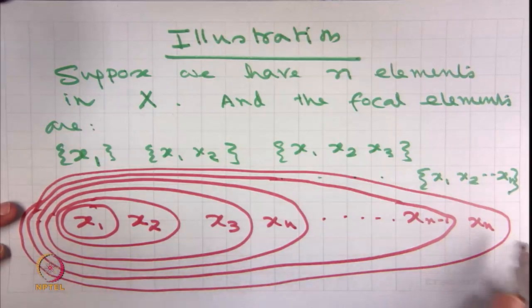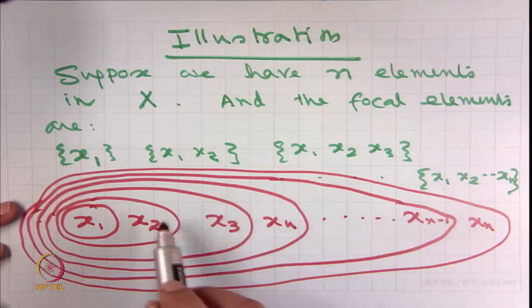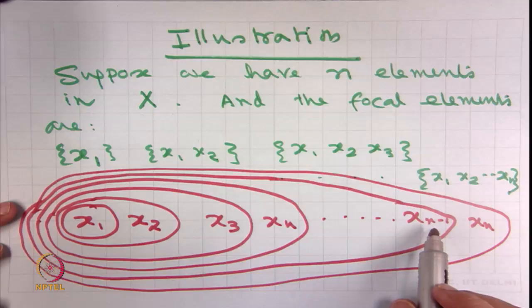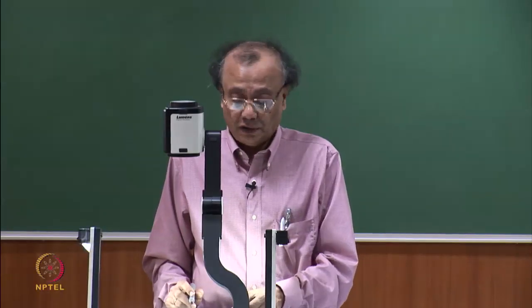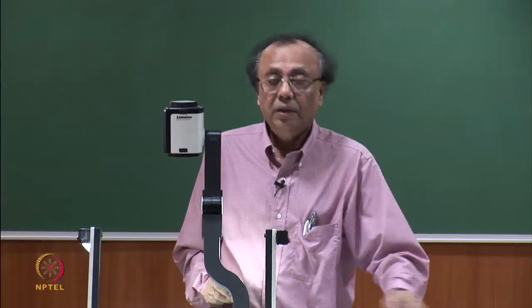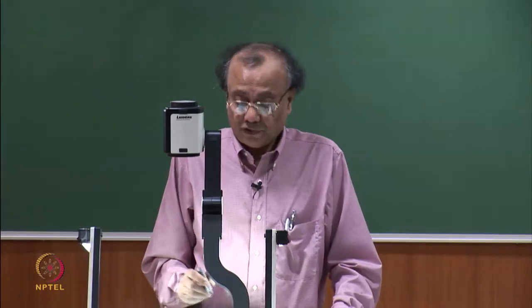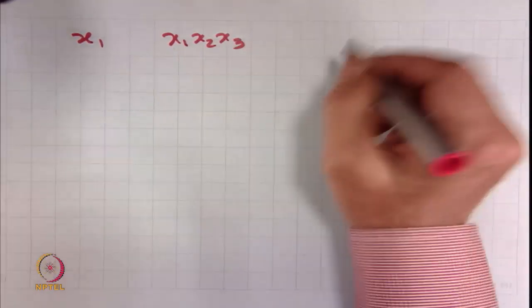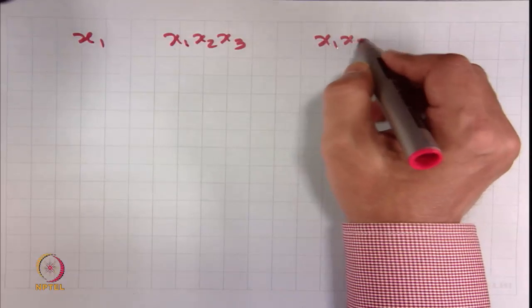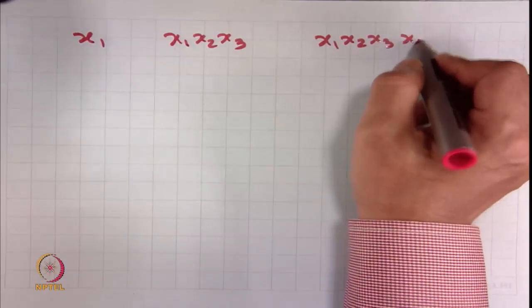I hope you understood the diagram. It is not mandatory that all the elements will have to be there. This is the simplest way of looking at it. One could have had {x1}, {x1, x2, x3}, then {x1, x2, x3, x5}.